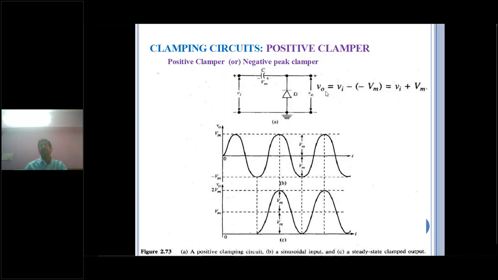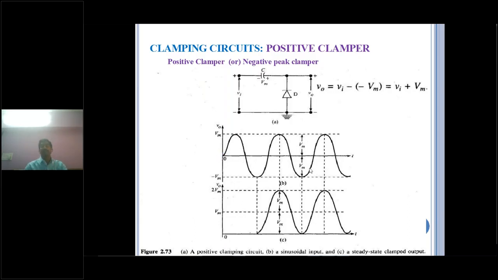That's why output voltage equals Vi plus Vm. Now substitute different values of input voltage. Suppose Vi equals 0, V0 equals Vm. Whenever Vi equals Vm, V0 equals 2Vm. Observe this: whenever input voltage is Vm, the output voltage is 2Vm. Likewise, draw the output waveform. This is the positive clamper circuit.